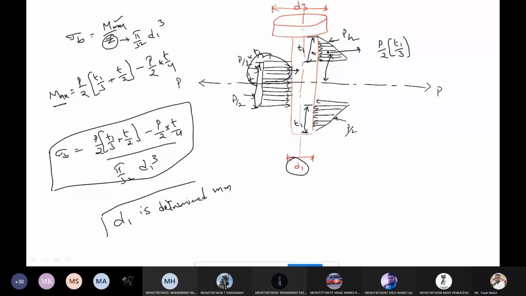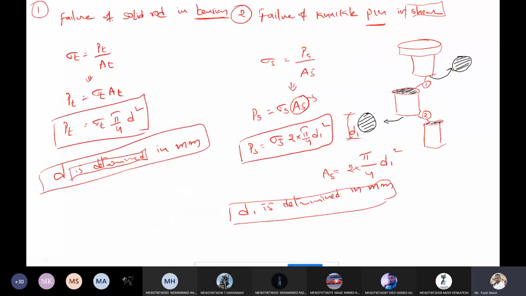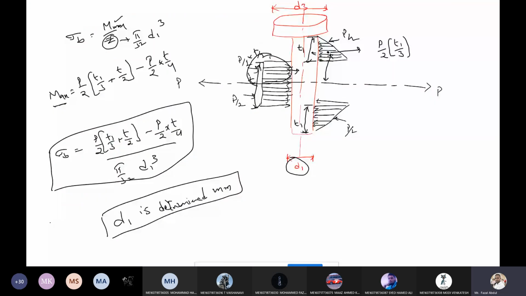Okay, Babu? So this is the second failure. The first failure is failure of the rod in tension. The second one is failure of the knuckle pin in shear. If shear is not happening, it may be subjected to bending, that is this one. So in the second equation we calculate D1. Here we calculated D1, here also we calculated D1.